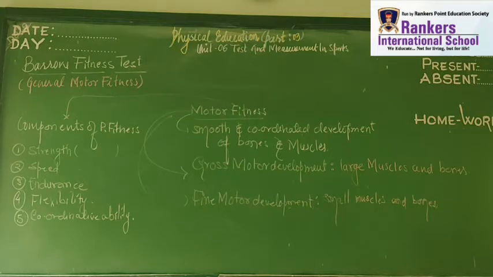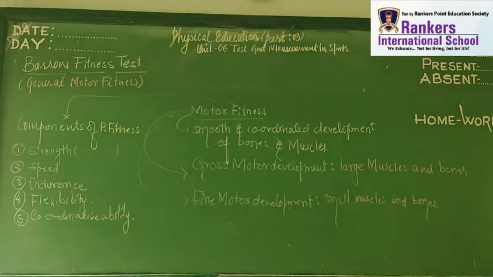Got it? So Barrow fitness test is basically for measuring the general motor fitness. What does it measure? It measures the general motor fitness. Okay? And the second thing that we need to keep in mind is Barrow fitness test consists of 3 test items.